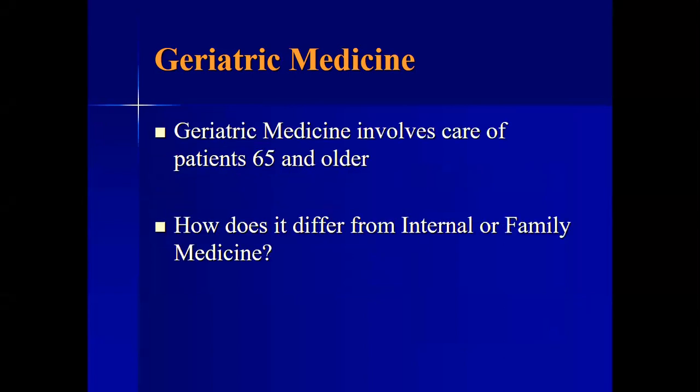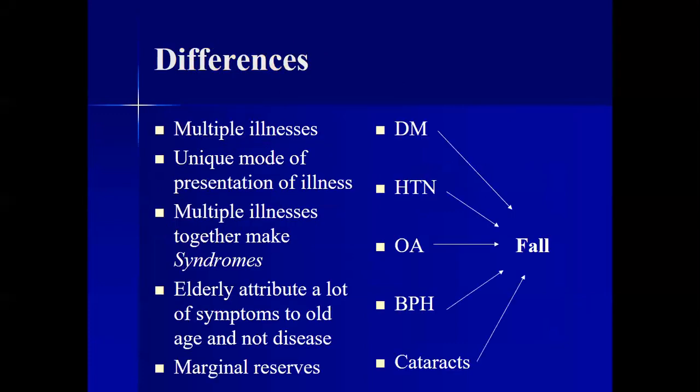So geriatric medicine involves the care of patients 65 and older, and we will see there are different comorbidities when you are dealing with a patient in the geriatric population. He must be having multiple illnesses, and they have a unique mode of presentation of illnesses.